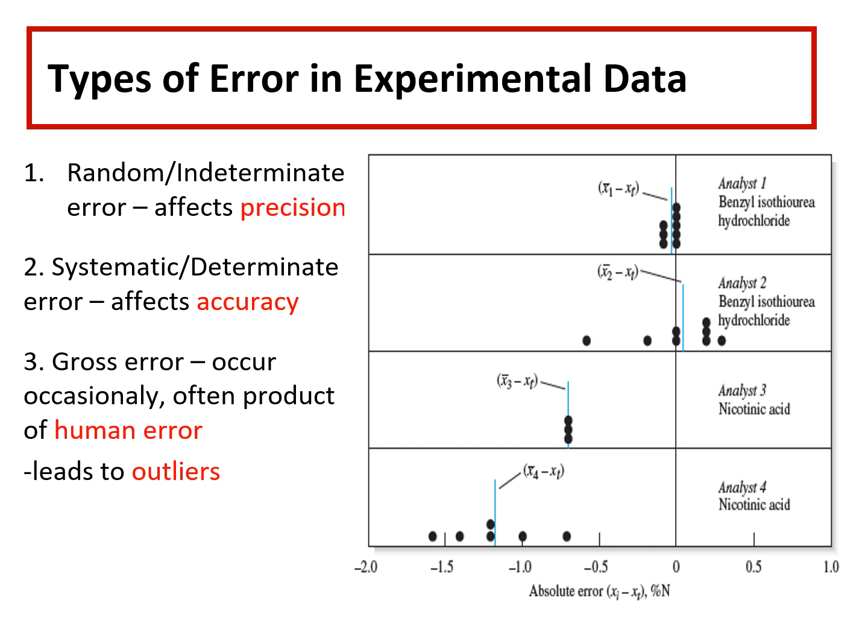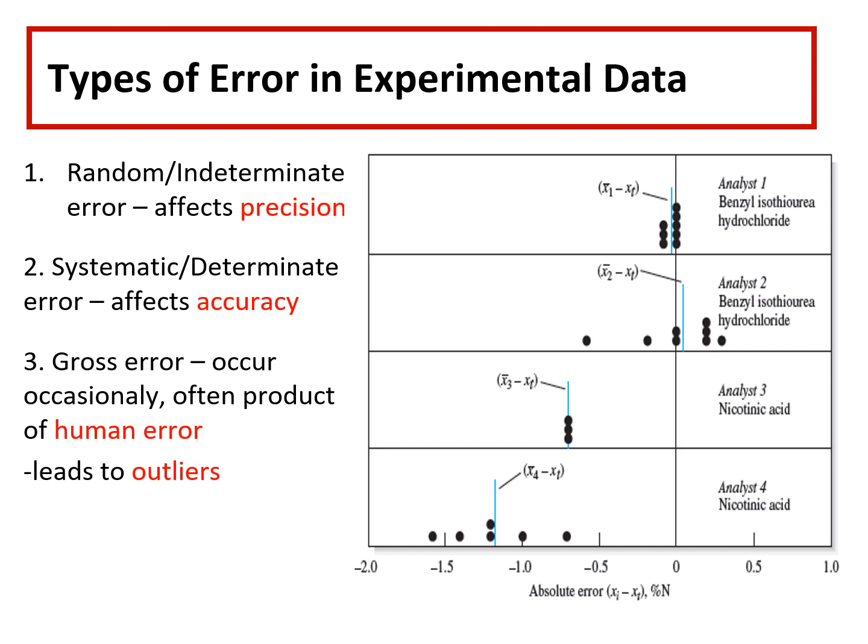The second type of error is called the systematic or the determinate error. This causes the mean of a set of data to differ from the accepted value. So for example, again, the results of analysts 1 and 2 have very little systematic error.